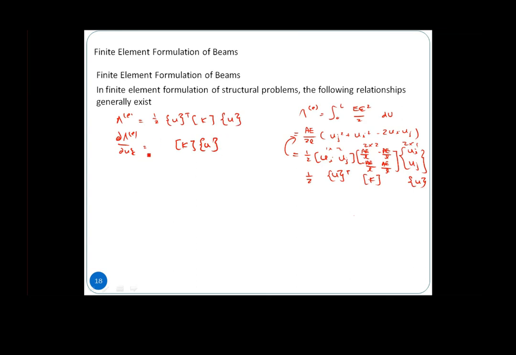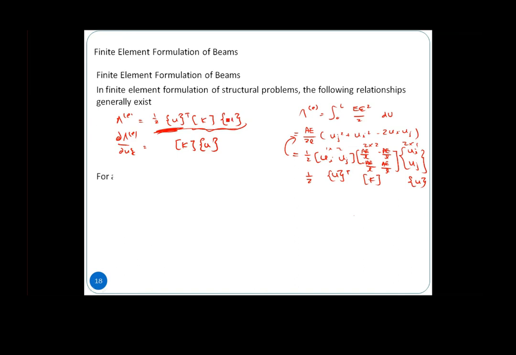If I rearrange in this particular form, when I find del lambda del UK, I will only take this part and this will be gone, for the minimum strain energy.